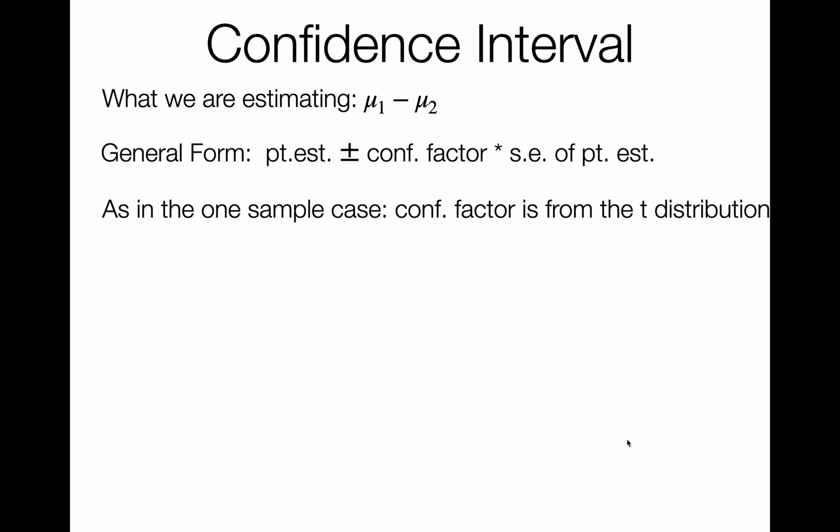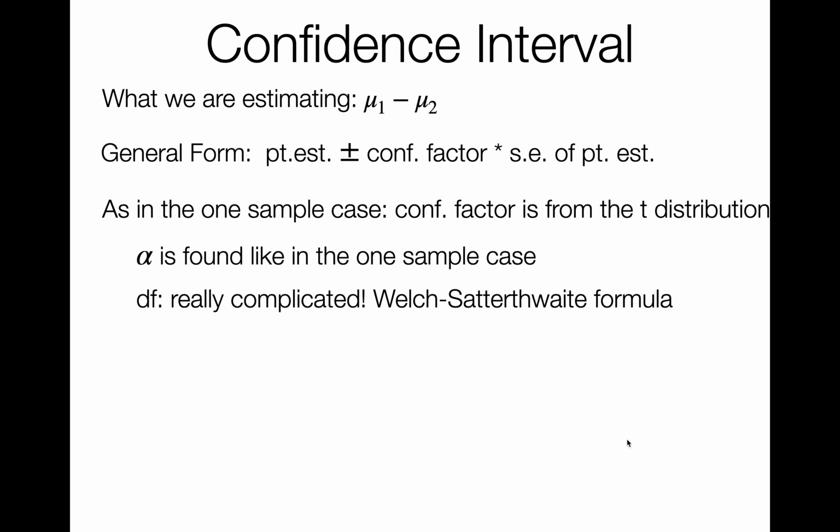And so as in the one sample case, the confidence factor is going to come from the t-distribution. Alpha is found just like in the one sample case. So again, alpha determines the confidence factor. And if you'll remember back to the one sample case, it was a t-distribution. Alpha was important, and also degrees of freedom is important. For the one sample case, it was easy.